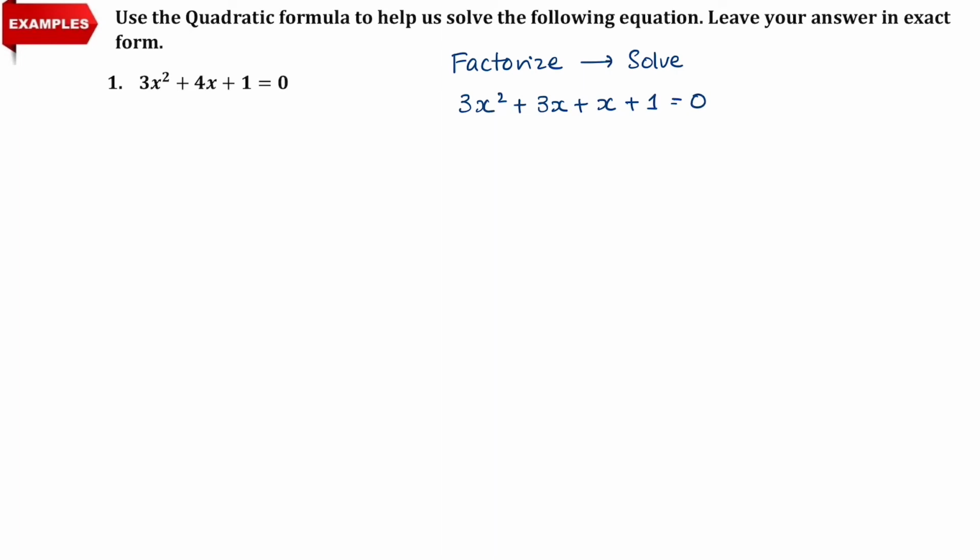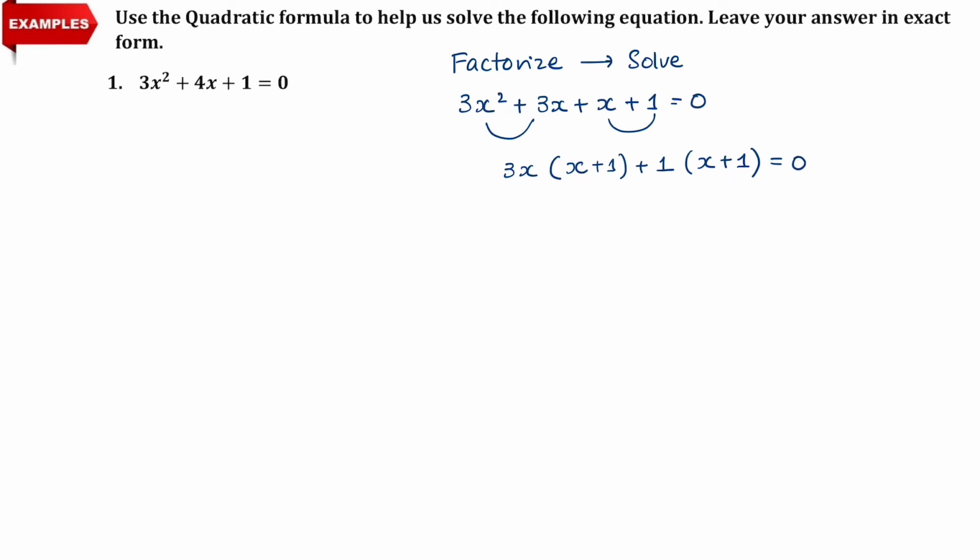Now factorizing by grouping, I'm going to group these two together and those two. Factorizing 3x squared plus 3x, I have a highest common factor of 3x, leaving me with x plus 1. Now grouping x plus 1 together, taking out a common factor of 1, I'm left with x plus 1 equals 0.